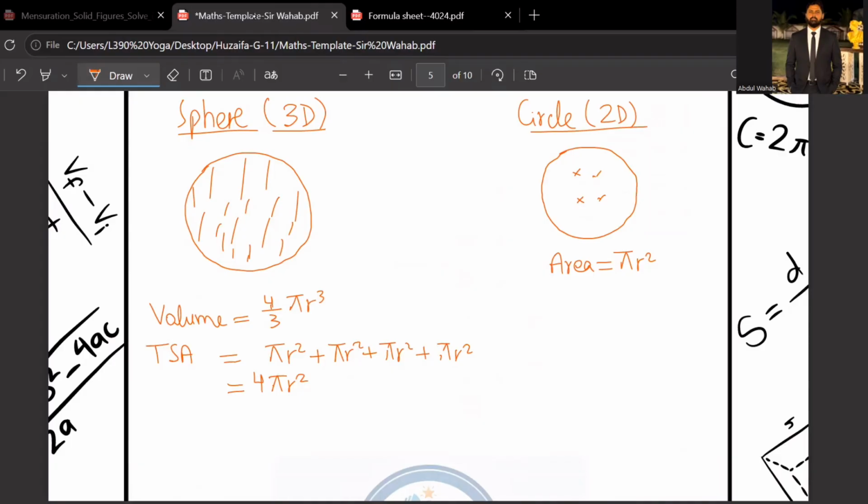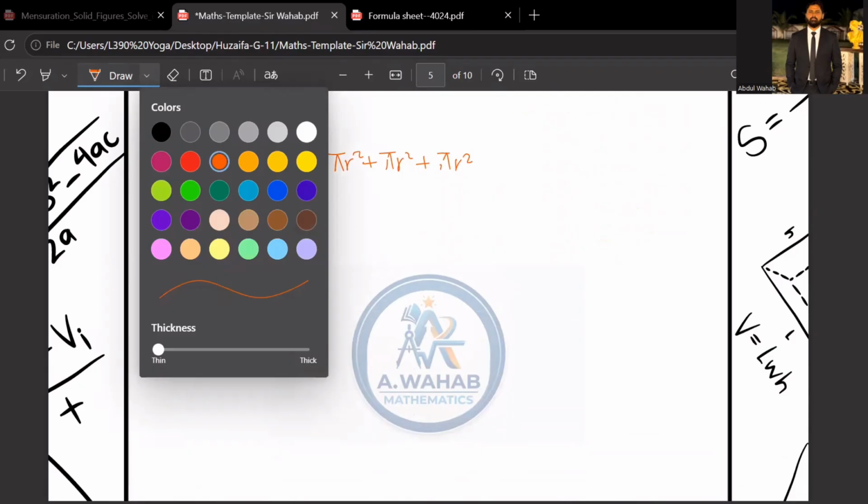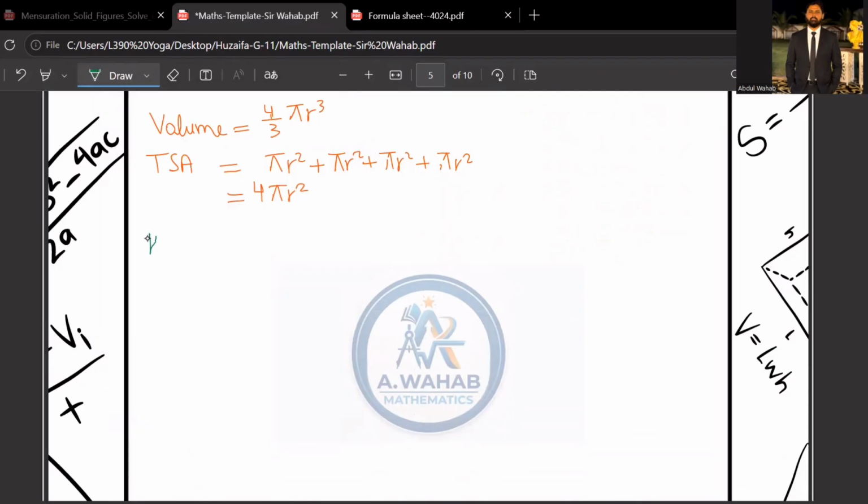So if you know about the sphere, let's discuss another solid figure which we call the hemisphere. Hemi means half. Hemisphere, you can simply say the half sphere. And obviously it's a solid figure. For a real example, you may take a bowl which we use in the kitchen.